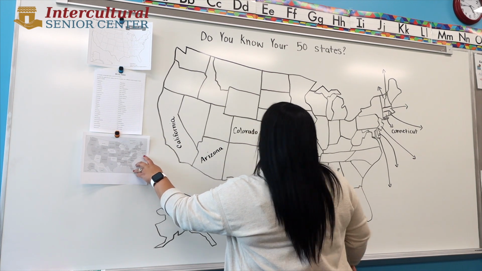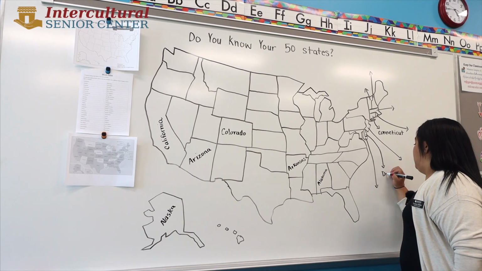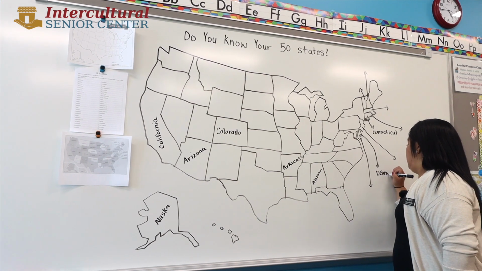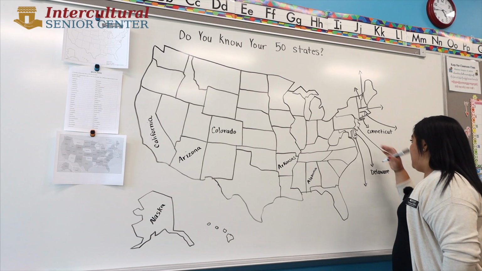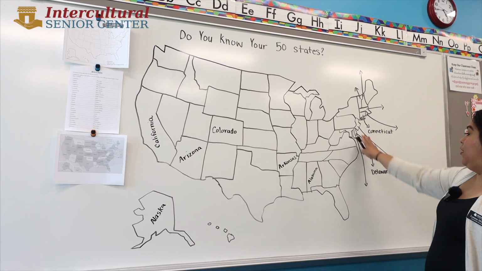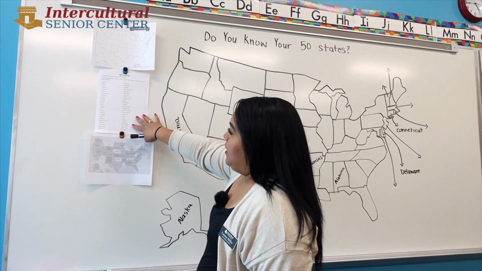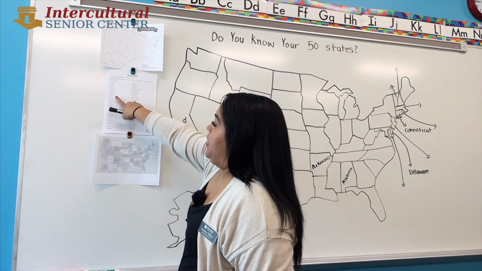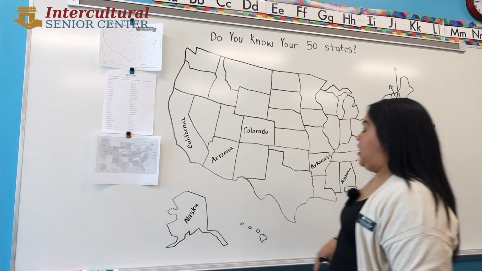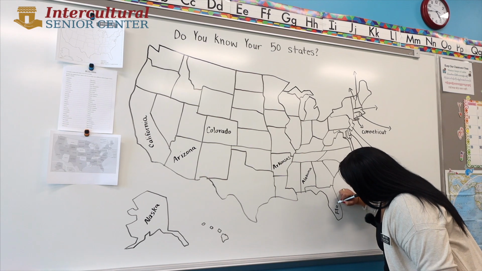Looking on our map, Delaware is right over here. I'm writing outside of the map because these are so small, so that way you can see where it goes and how it's spelled. Going back to our list of 50 states, we did Delaware, so we are now on Florida. Florida is down at the bottom.